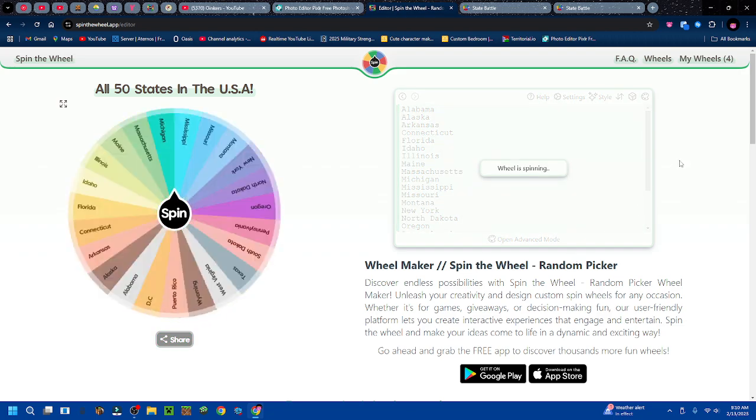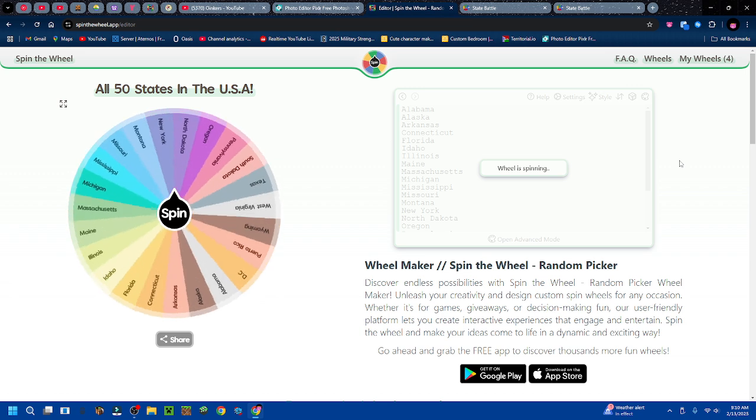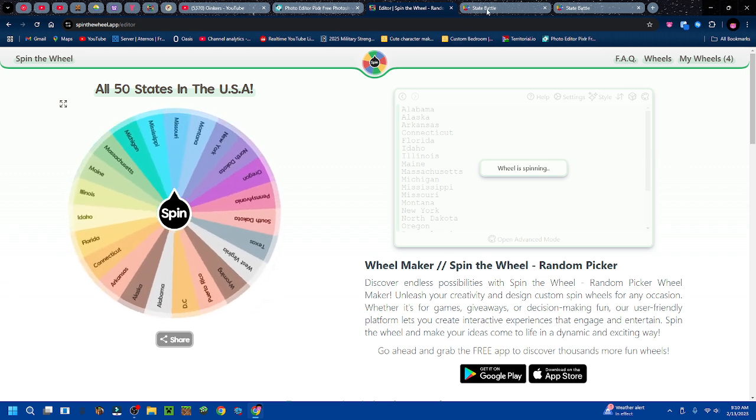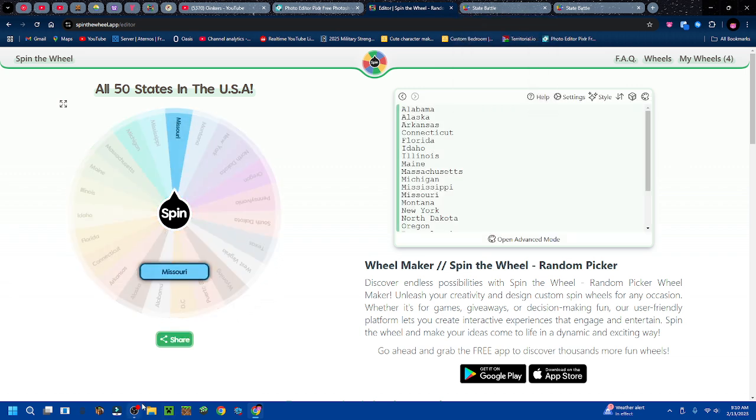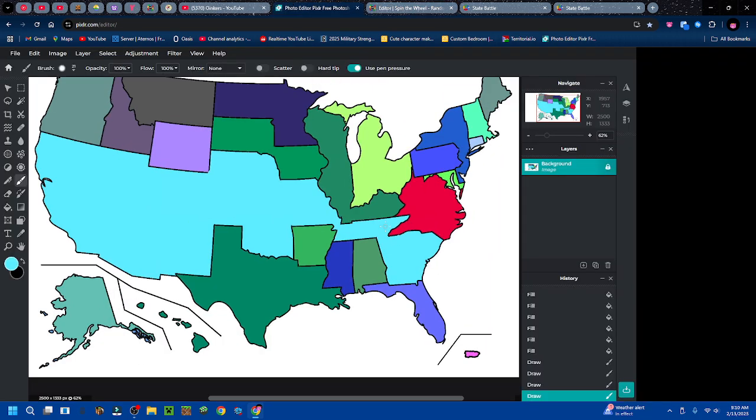Next up is Missouri, using their newfound power. They basically border everyone.